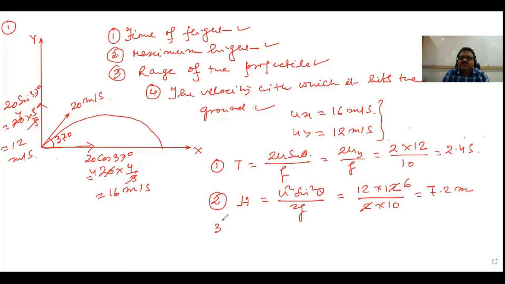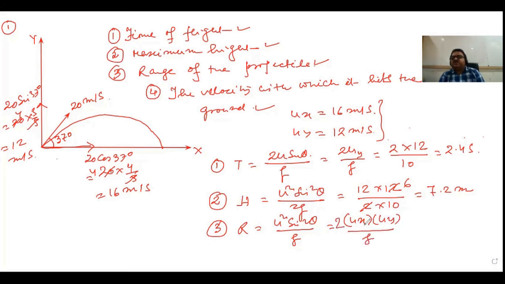What is the range of the projectile? R is equal to u square sine 2 theta by g, or in short you can write it 2 ux into uy by g. Correct?